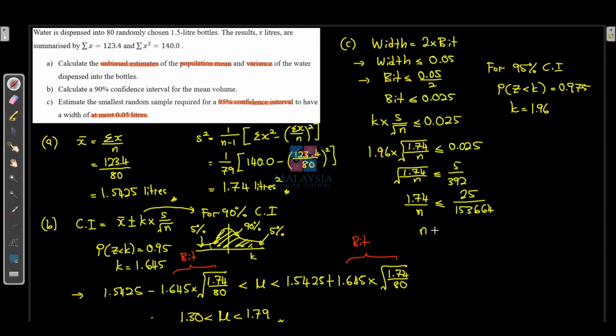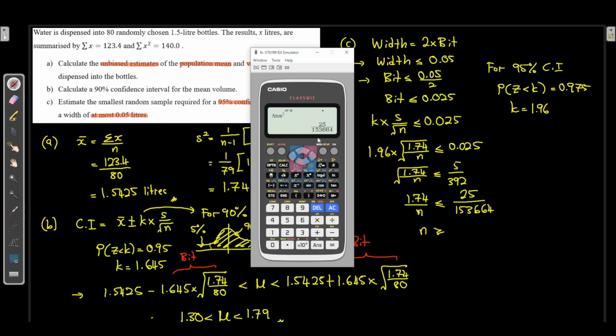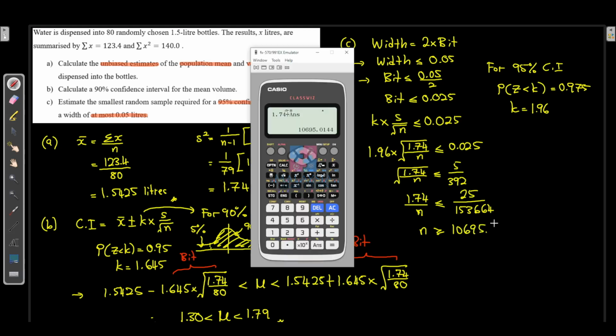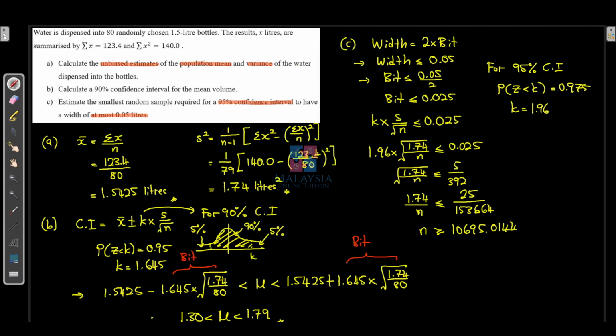So finally, the value of N is going to be greater than or equals to 1.74 divided by that value. So we get 10,695.0144. Since you want the smallest random sample, this must be an integer. Remember, the number of water bottles must be an integer.